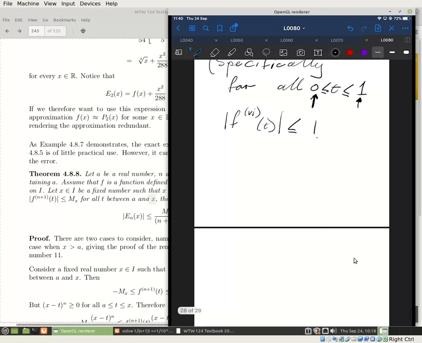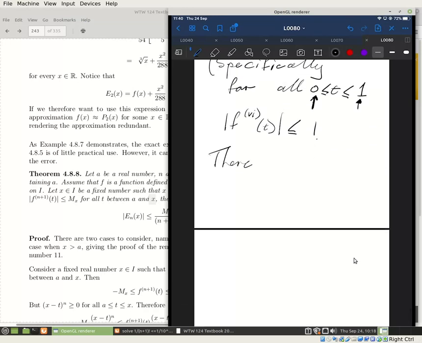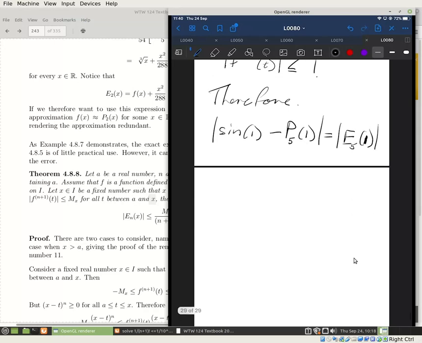Okay, therefore the difference between the actual value of sine of 1 and our approximation, this is exactly the error, how the error of the fifth Taylor polynomial at 1 is defined.